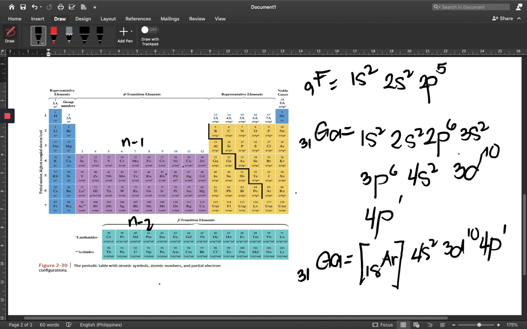Another example, maybe one last example. It might take quite a long ride, but sige, let us have iodine, I. So let us just give the condensed electron configuration of iodine. This is 53. Again, we look at the noble gas right before iodine, and in this case, this is krypton, right?